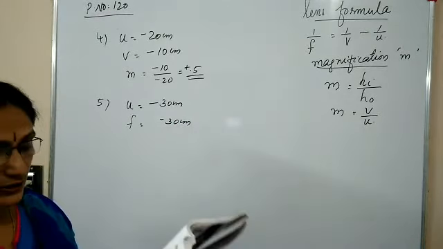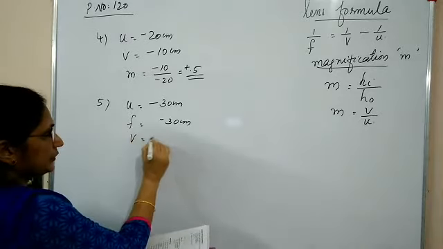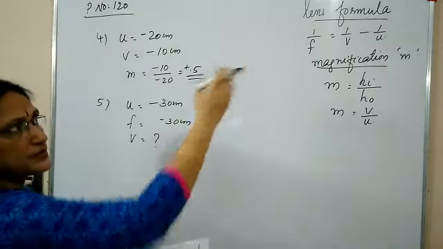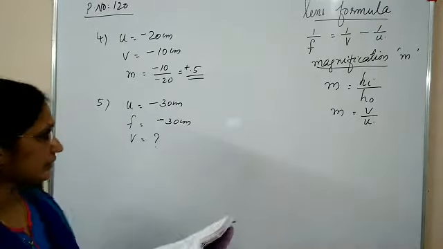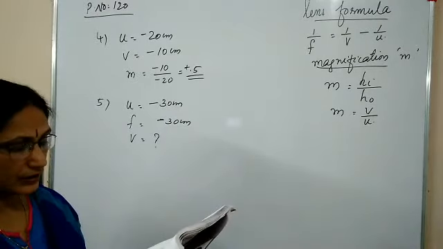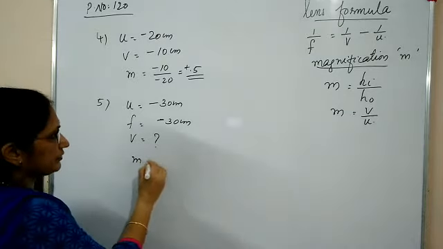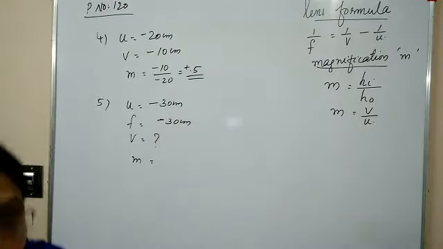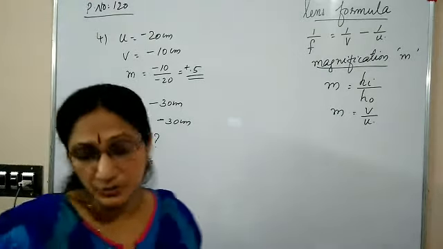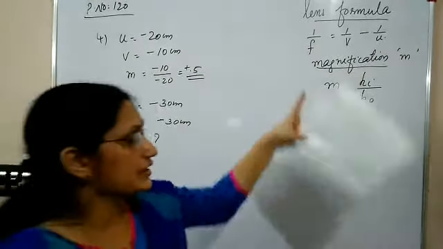Find the position of image, means v you have to find out. Again use the same formula. Remember, you have to put the correct sign, you will get the v value. Then again magnification you can find out by dividing v value with the u value. So these are the numericals from these equations.